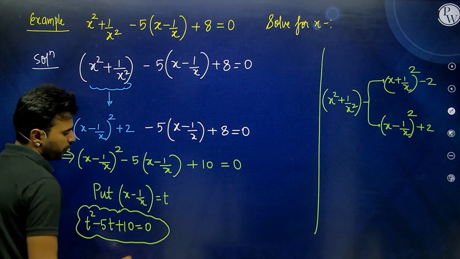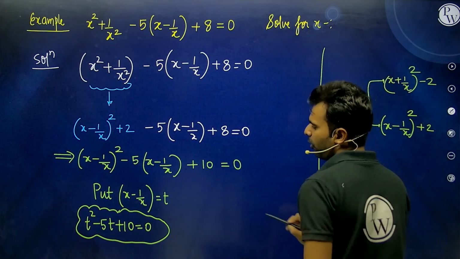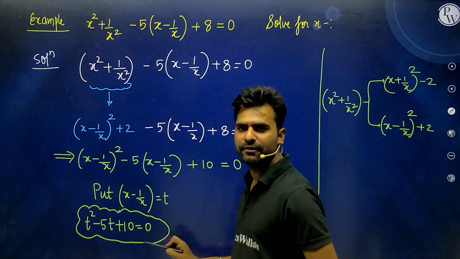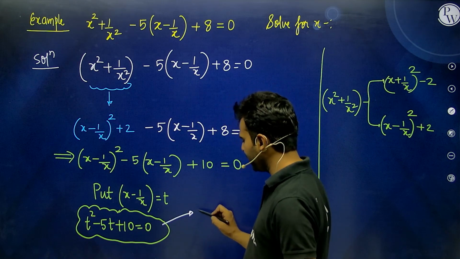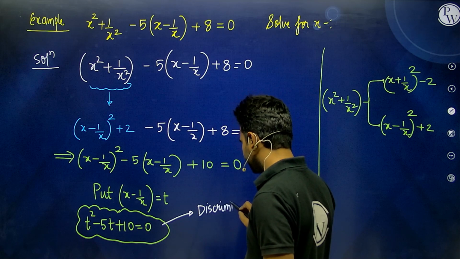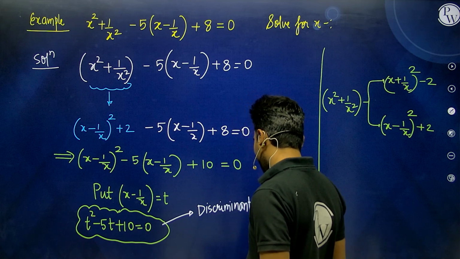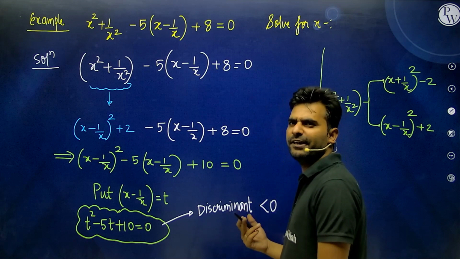Let's solve this equation, but we can see one thing: the discriminant of this particular equation is negative. Whenever the discriminant is negative, we get non-real values. So this quadratic is not going to give me real values of t.